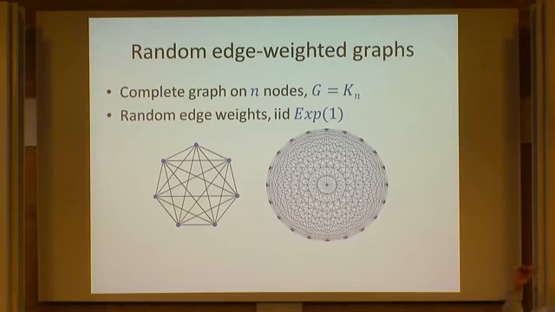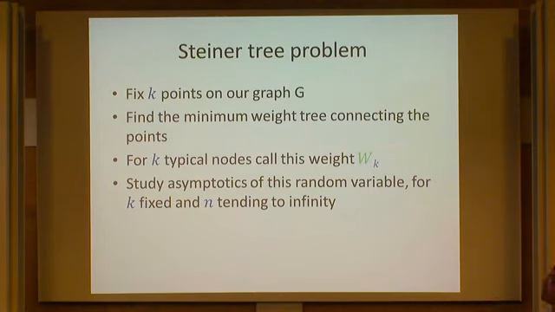What's important is the density of the distribution at the origin. So the density near 0 should be 1, and then all the results go through. But it's much easier to reason about how we do things if we work with exponential.